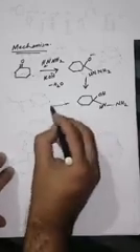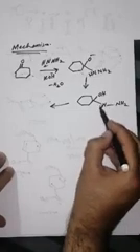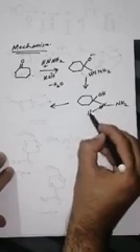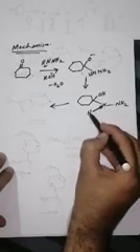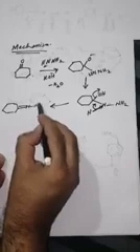Now what happens in the next step? Can I write this NH like this, N single bond H? So what happens? This bond moves here, hydroxide ion leaves, and you get this species.